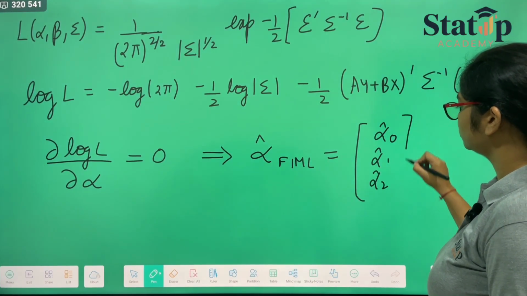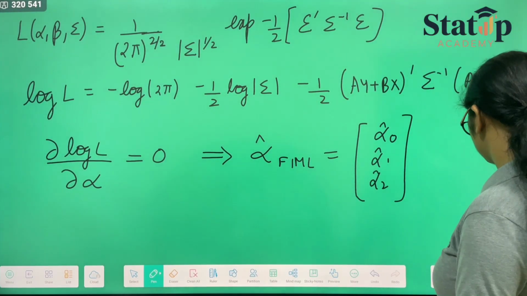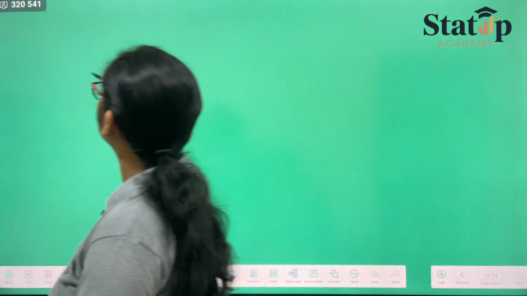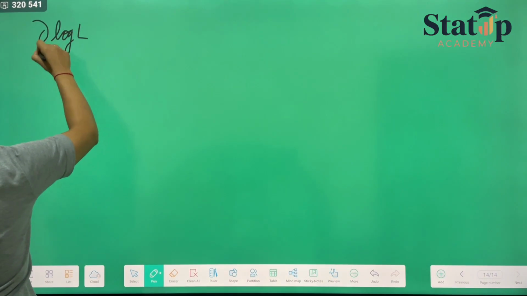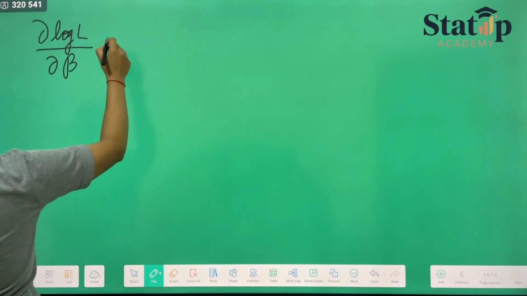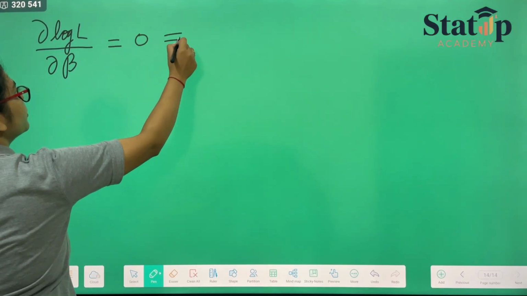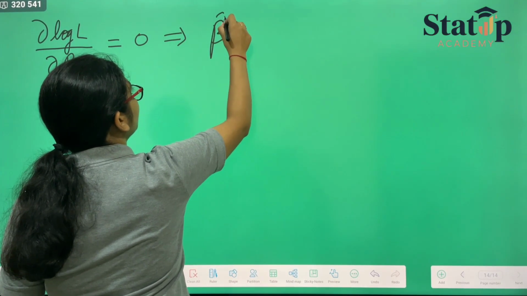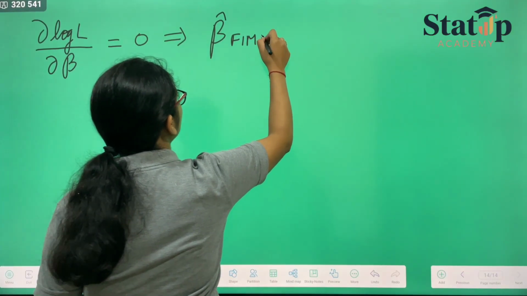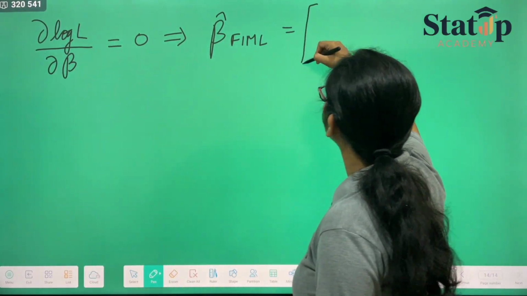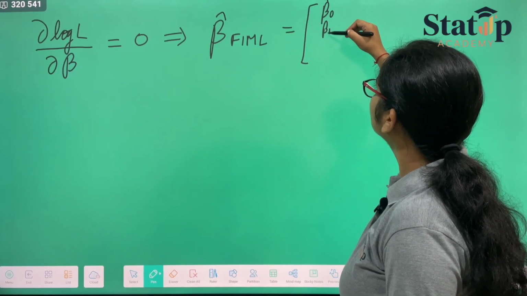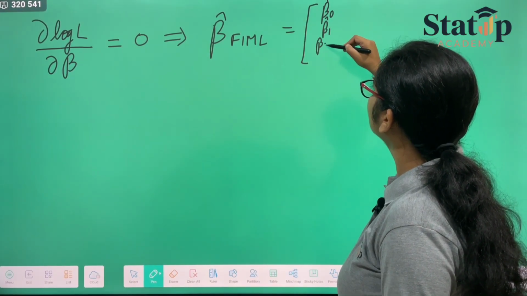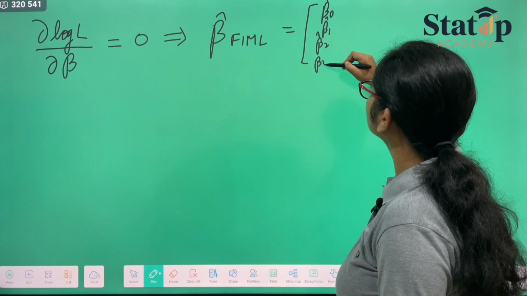Similarly, we will differentiate log L with respect to beta, and we will put it equal to 0. We will get beta cap FIML, which is nothing but beta naught, beta 1, beta 2, beta 3.